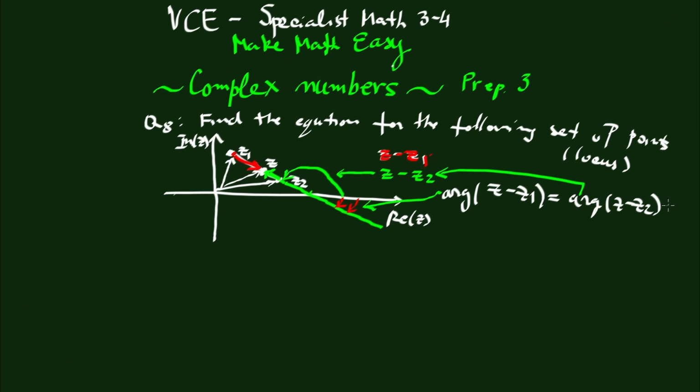So we have this bit plus pi. If we write it a bit neater, the argument of z minus z1 plus pi equals the argument of z minus z2.